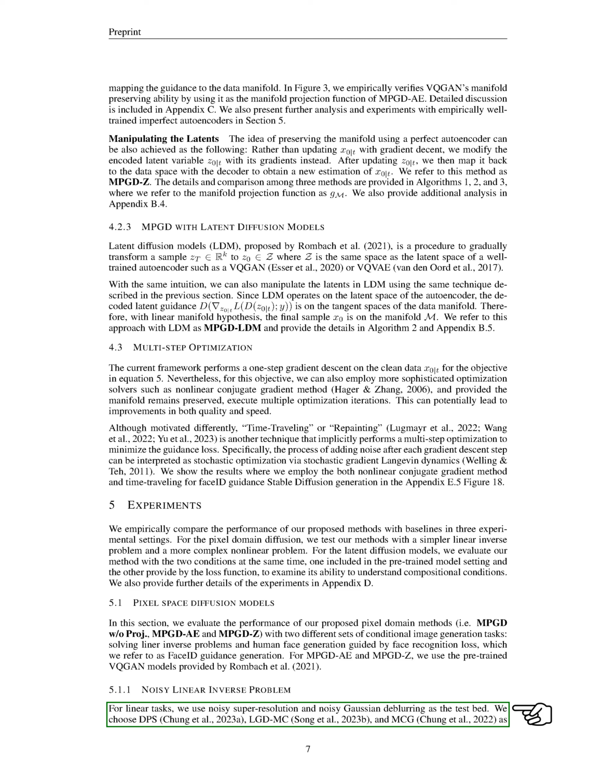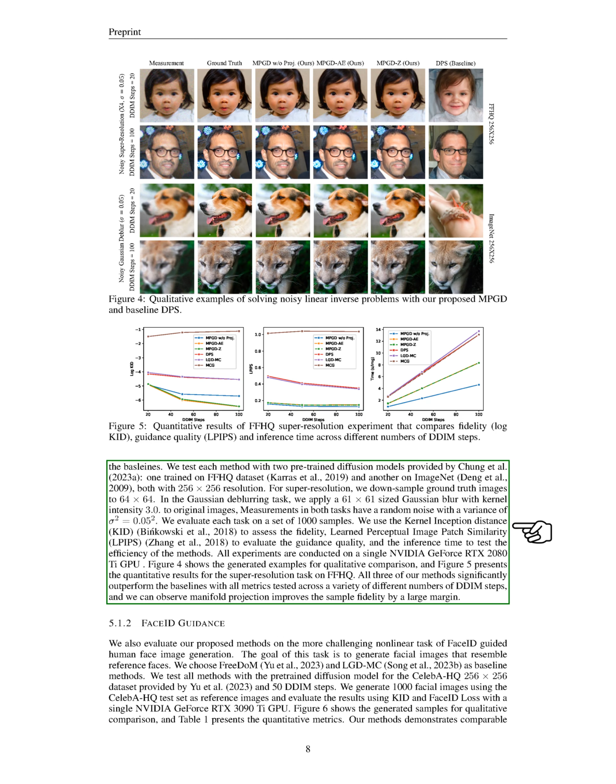In the Noisy Linear Inverse Problem section, we use noisy super resolution and noisy Gaussian deblurring as the testbed. We choose DPS, LGDMC, and MCG as the baselines. We test each method with two pre-trained diffusion models provided by some researchers, one trained on the FFHQ dataset and another on ImageNet, both with a resolution of 256 by 256 pixels.